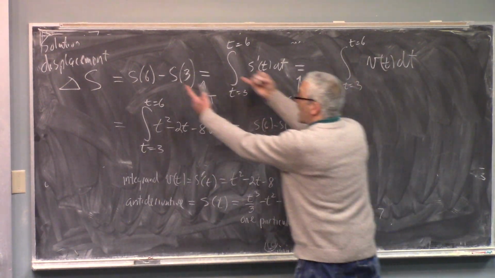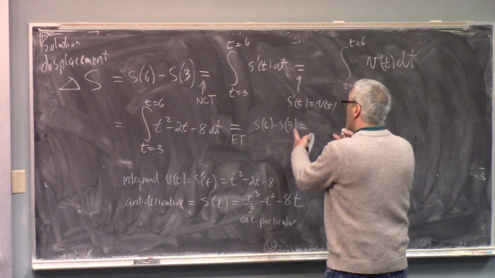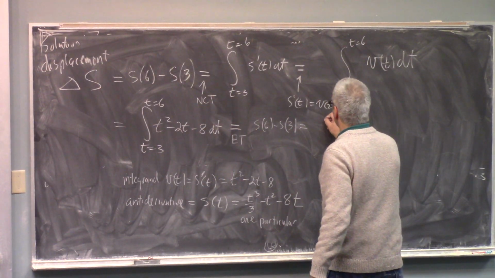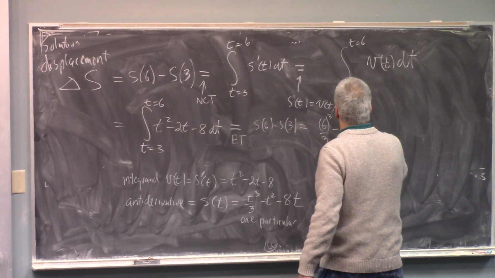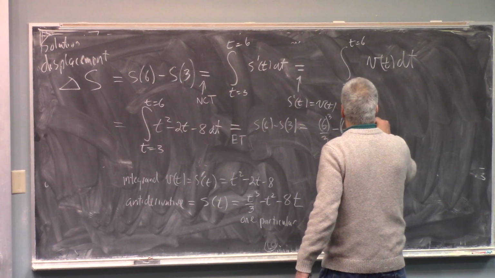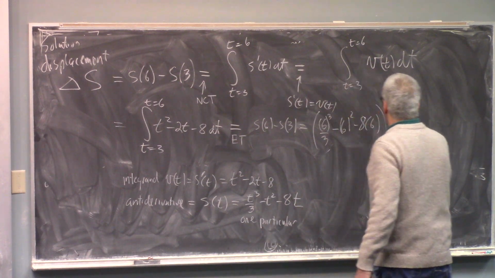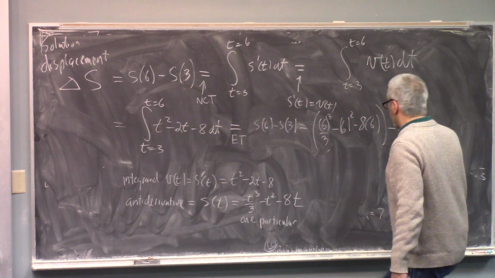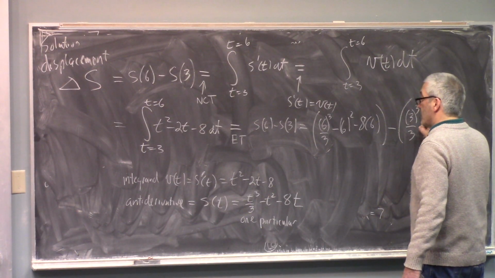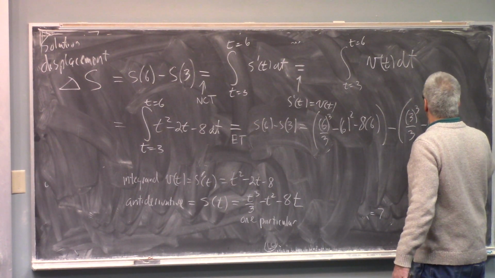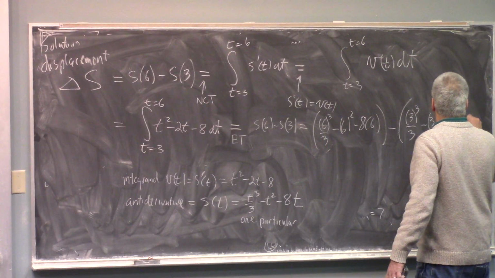This looks like we haven't gotten anywhere, but now we actually know what formula to use. We're going to do 6 cubed over 3 minus 6 squared minus 8 times 6. And then we're going to subtract that whole thing with 3's inside: 3 cubed over 3 minus 3 squared minus 8 times 3.